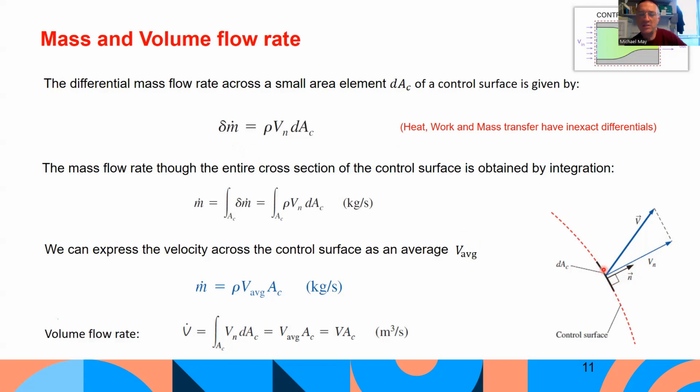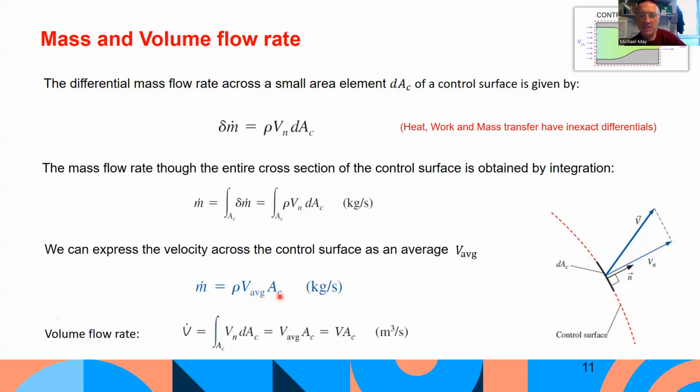If we want the total mass flow rate across that controlled surface, in other words, right across this section of pipe, then we integrate right across the pipe. And the integral works out at density by an average velocity by the total area of the control volume.